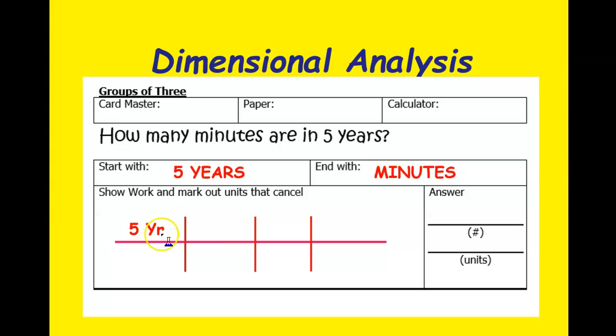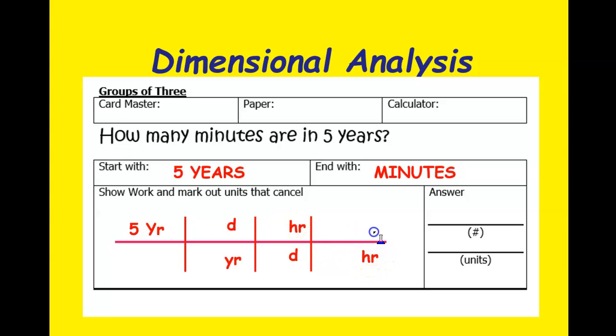Here I have years, so down here I will have years. Based off of our conversion, we need to know what's equal to the year. We know that day is equal to the year. Since day is not what I want, I have to put the unit directly diagonal to cancel it out. What's on top will be what it's equal to. In this case, it's hour. Again, hour is not what I want, so I'm going to put that diagonal to cancel it out.